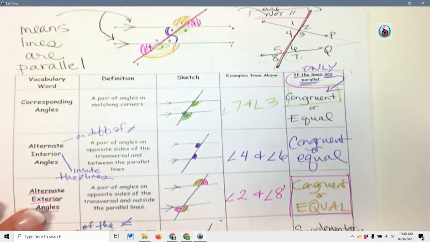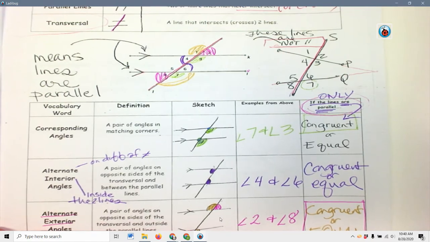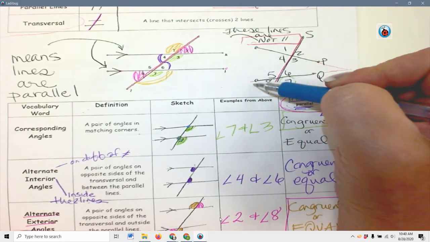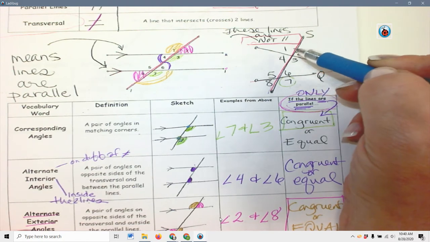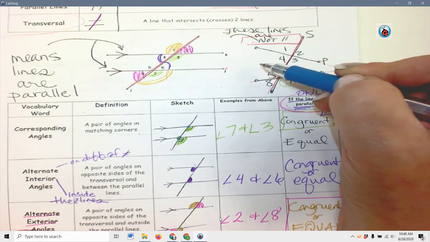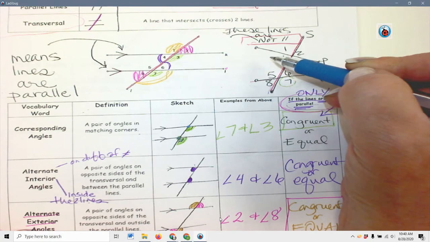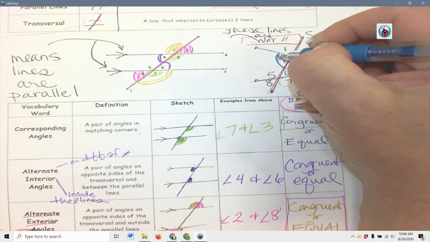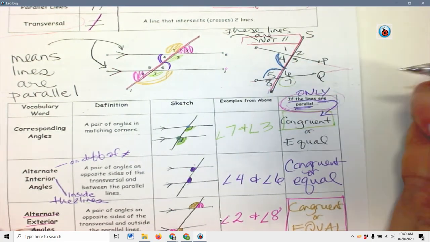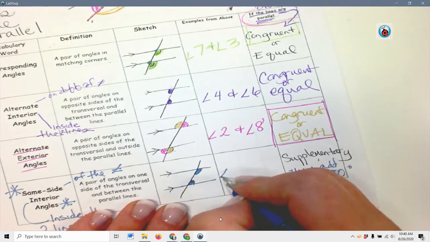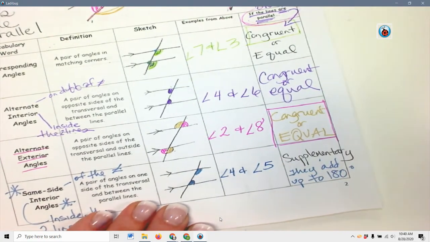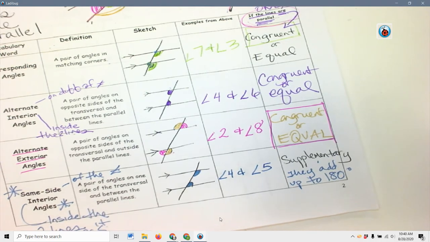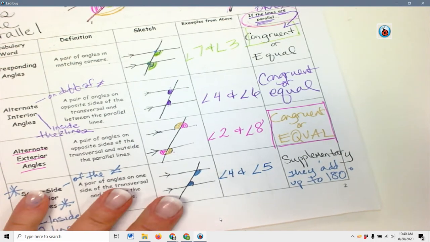Well, let's look at an example from our picture. We're going to go over here on our not parallel lines. We want the same side of the transversal and in between the two lines. So let's look at 4 and 5. Angle 4 and angle 5 are both same side interior angles.